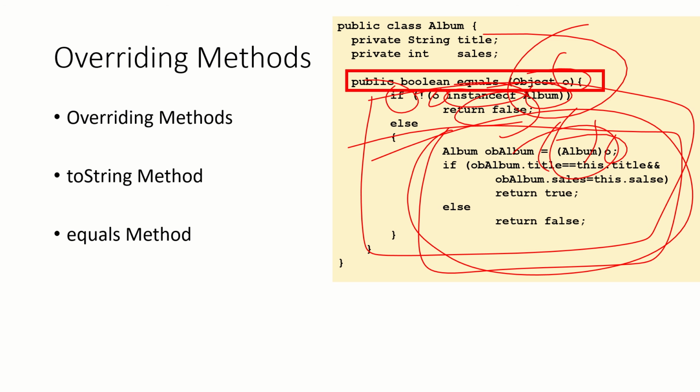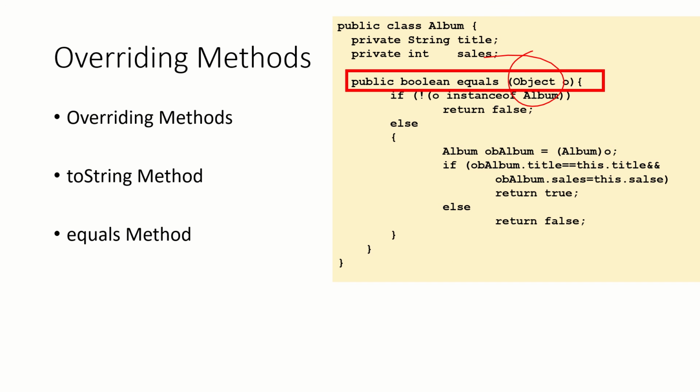The same thing: we try to convert this object to the class Album. If they can convert, definitely they can compare, right? Then it gives us the value.